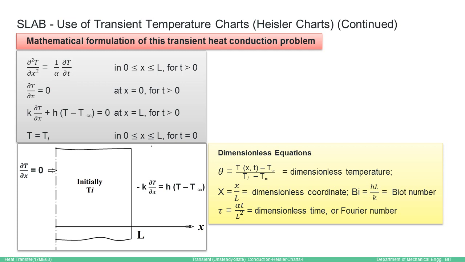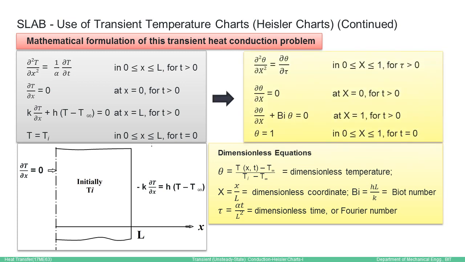And Biot number is a dimensionless number given by hL by k, L is the semi thickness, and tau, which is the Fourier number, is given by alpha t divided by L square. t is any given time.